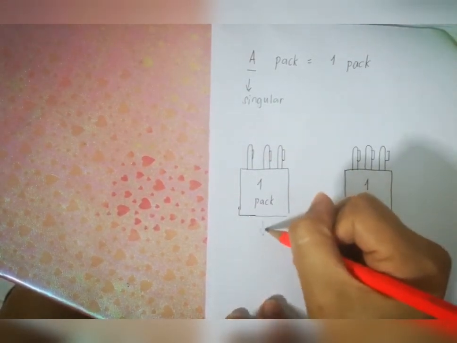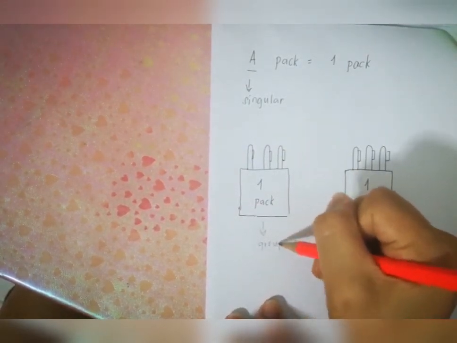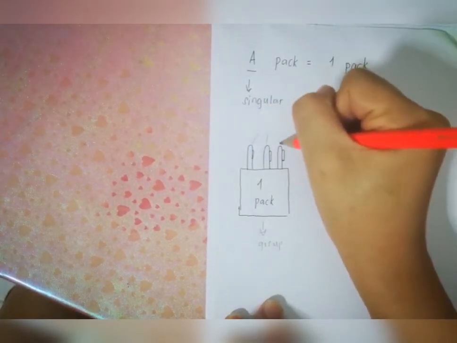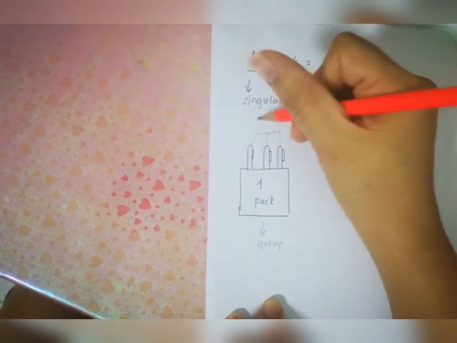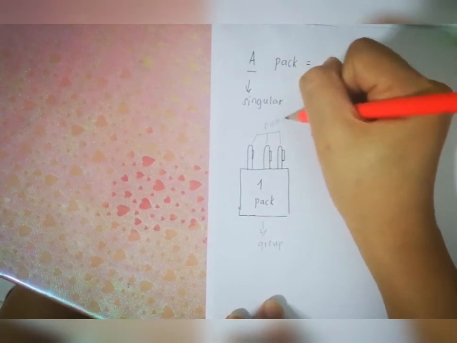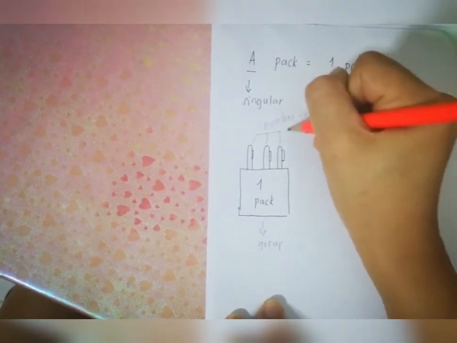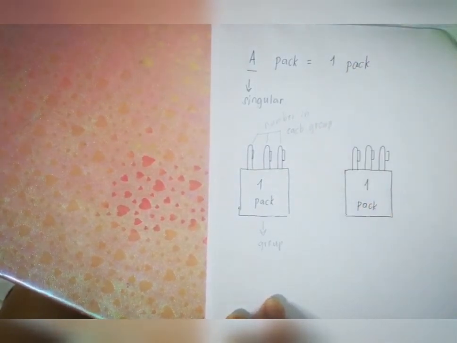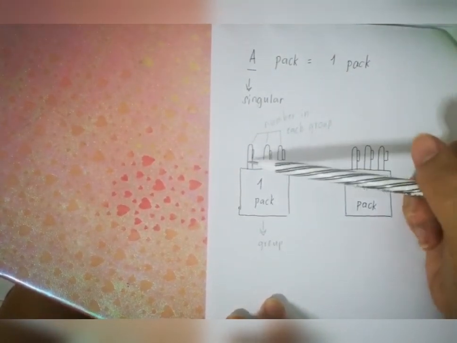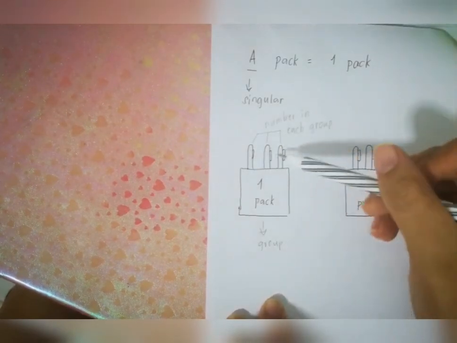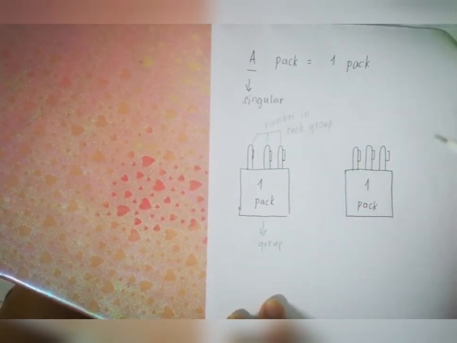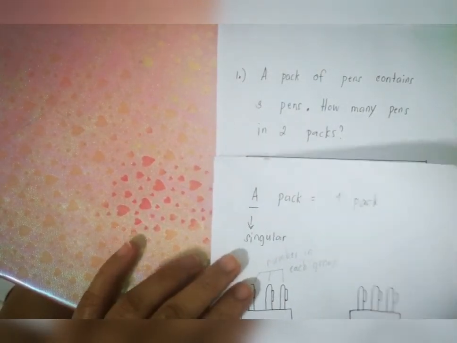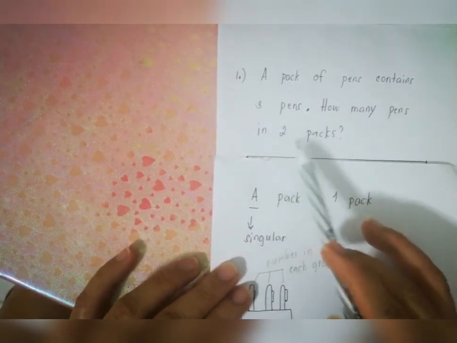This is the group, and the 3 pens are called the number in each group. So 3 in here and 3 in here. And the question is again, how many pens in 2 packs?